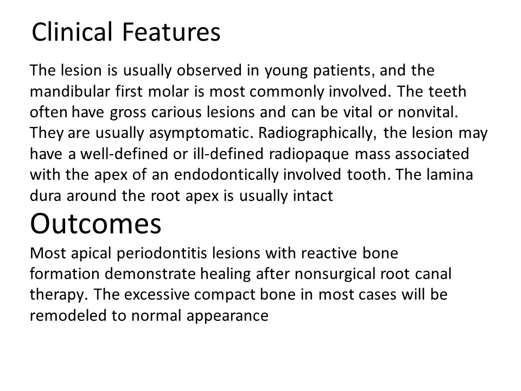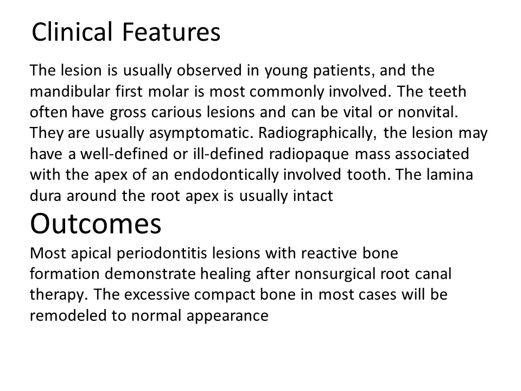Clinical outcome: how can I see it? How can I diagnose it? Mostly the lesion is observed in young patients, and the mandibular first molar is most commonly involved. The tooth often has a gross carious lesion, and can be vital or non-vital. They are usually asymptomatic. Radiographically, the lesion shows a well-defined or ill-defined radiopaque mass associated with the apex.